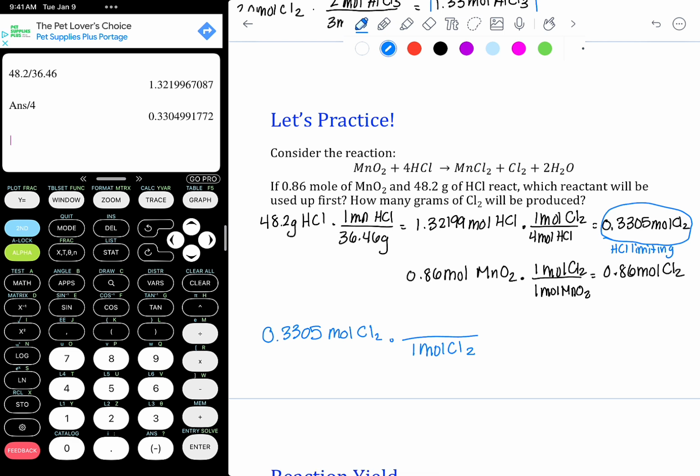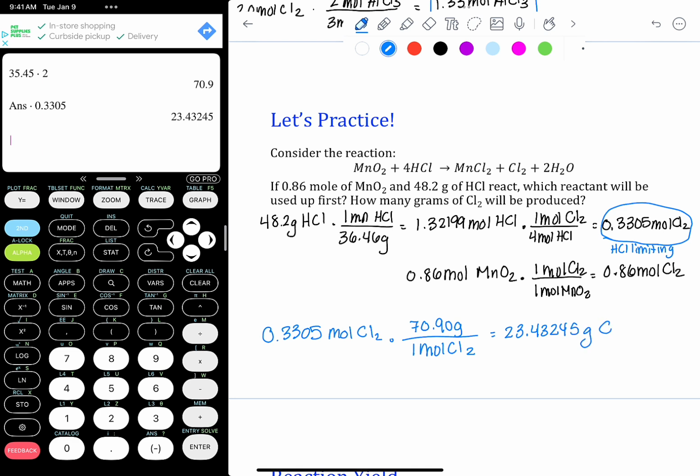Well, the molar mass of chlorine is 35.45. We're going to multiply that by 2 because this is diatomic. So it's 70.90 grams. So we'll take that 70.90, multiply it by 0.3305, and we get 23.43245 grams of Cl2 that will be produced.